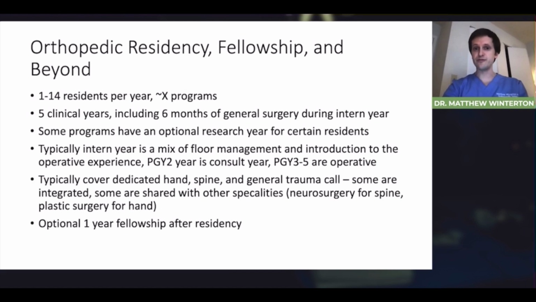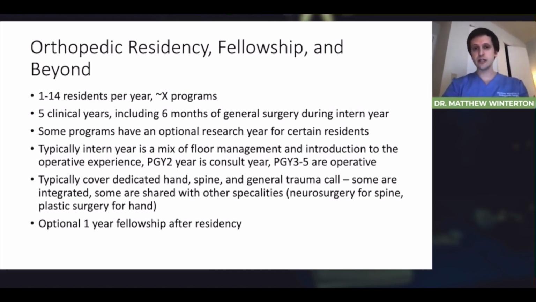If there are, you have the chance to vie for those through the scramble process, in which case you continually apply. Program directors may call you and say, I have an open slot here. I'd like you to rank this. So there are multiple match processes that go on Monday through Thursday of match week if you don't match, depending on what slots didn't match. So if you don't match and there is an orthopedic residency slot that also went unfilled, you have the opportunity to match in that program.